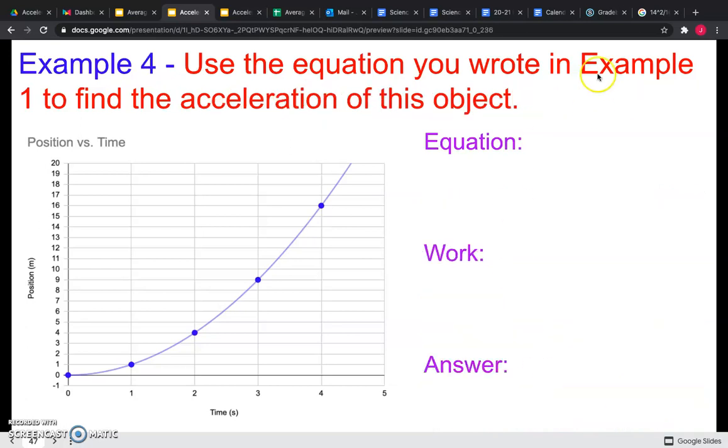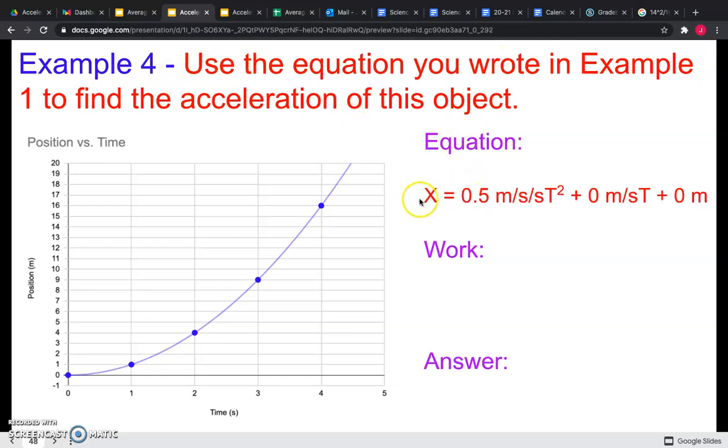Okay, last up, use the equation you wrote in example 1 to find the acceleration of this object. So the equation is x equals 0.5 meters per second t squared plus 0 meters per second t plus 0 meters. So we're going to take this right here, but remember this equals half of the acceleration. So 1/2 a equals 0.5 meters per second. We'll multiply both sides by 2.